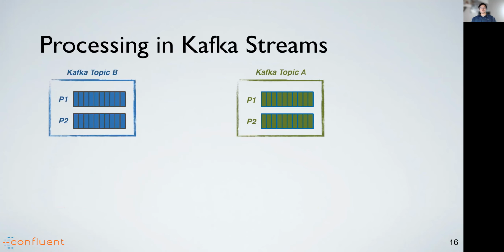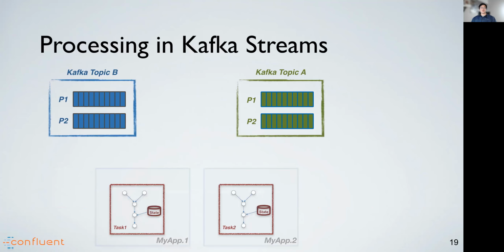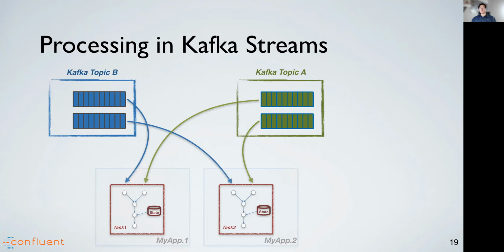In terms of distributed processing, Kafka Streams has a tight integration with Kafka's topic partitions. More specifically, the compiled processor topology could be deployed on multiple instances, and each instance could read from a subset of partitions from their input topics and process them with their local states in parallel.